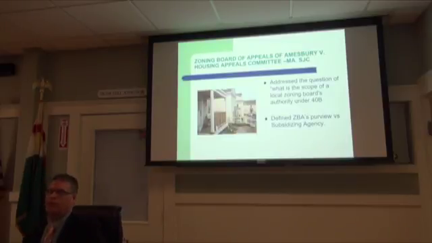Now, one of the important issues from the Amesbury case is that the Board of Appeals doesn't have the authority to impose conditions unless it's a condition that could be imposed by one of the boards into whose shoes it's stepping. So I use as an example, you can't require all of the workers on the project to wear red shirts every day.